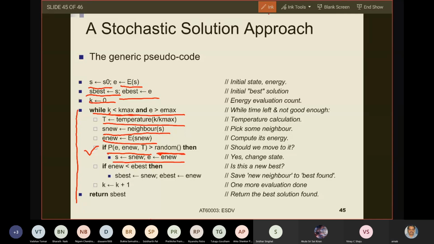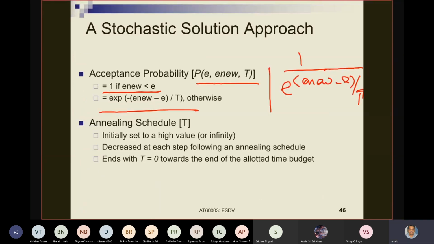than 1. Why? I've again come to slide number 46. You see now what is happening when temperature becomes low. E to the power E nu minus E by T starts to become high, e to the power some higher value which is greater than 0.